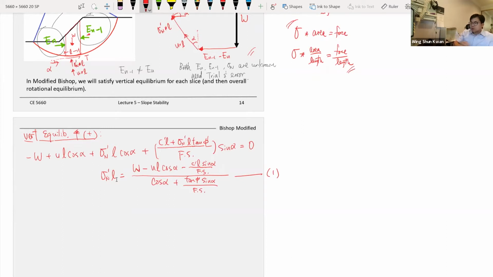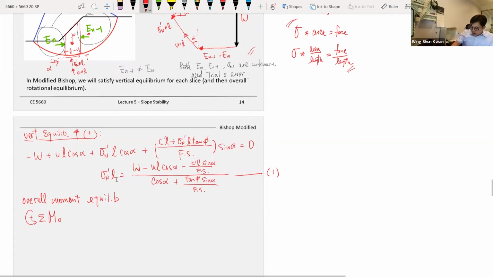So we got our equations right there. We consider the vertical equilibrium, and also we consider the overall moment equilibrium. We take positive as clockwise, and we take moment at the center of the slip circle or slip surface. And then we do our math.